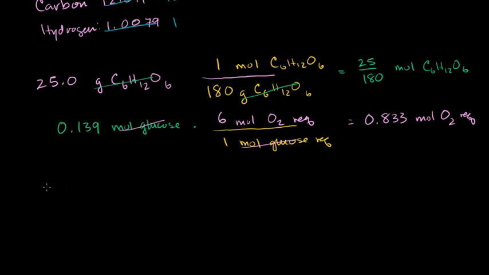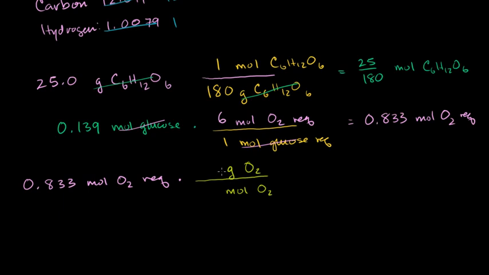So let me just write it over here. We have 0.833 moles of molecular oxygen required. We're going to multiply that. Remember, we want to get this into grams now. So let's write the moles of O2 in the denominator, and we're going to put grams of O2 in the numerator.